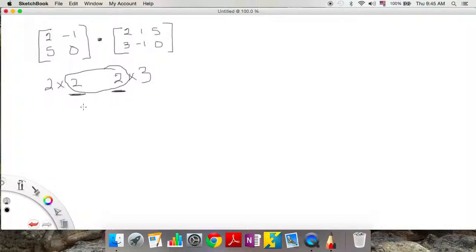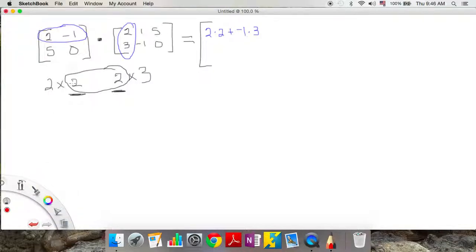Now, why is that? Well, when we multiply matrices, what we're looking at is we look at the row and the column, and that gives us our new entry. So for example, with this first one, if we want this entry that's row 1, column 1, then we're going to have 2 times 2 plus -1 times 3.